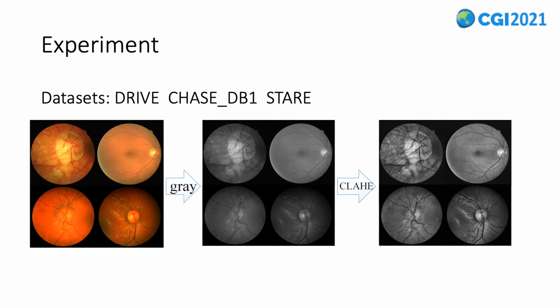After that, we applied rotation, translation, flip, and noising to images for data augmentation. To make a quantitative evaluation of the experimental results, we use accuracy, sensitivity, specificity, and F1 score as performance evaluation metrics.